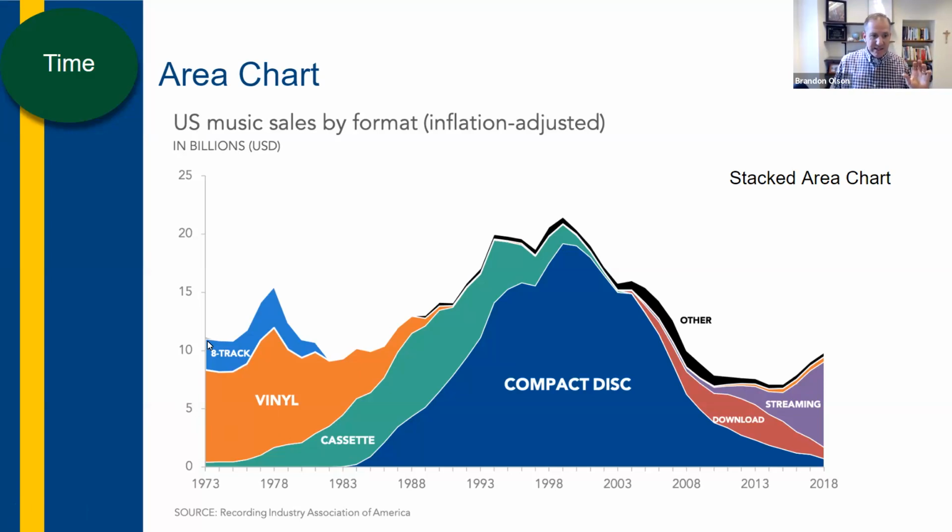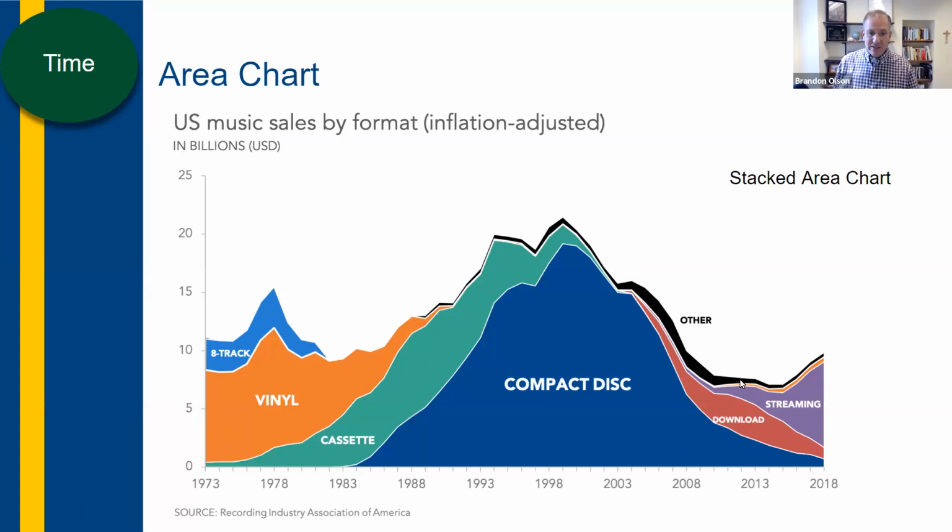And so what we're seeing is, you see my cursor here, this is the total music sales. And then of that total, we can see the relative size shows the amount of the music that was distributed as 8-track tape, vinyl, or cassette, or more recently, compact disc, downloads, stream, or others.